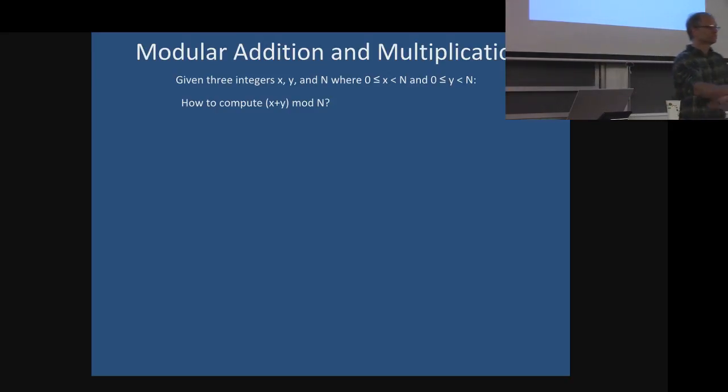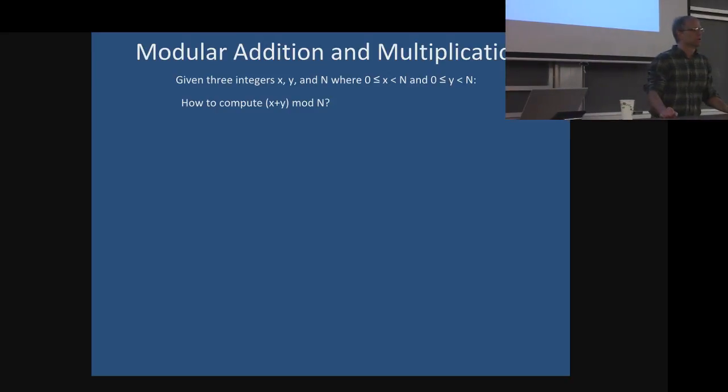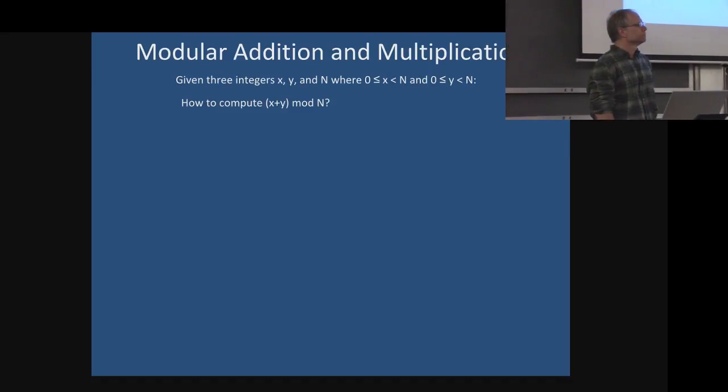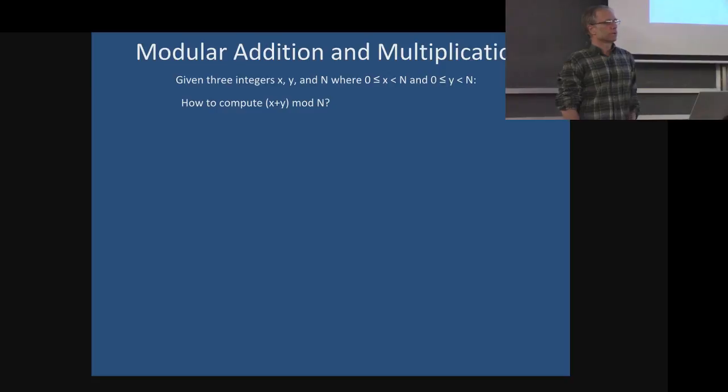Add x plus y and then mod the sum. So there's two possibilities. Do we add x plus y and then do a division and use the remainder? Or do we add x and y and then subtract n?